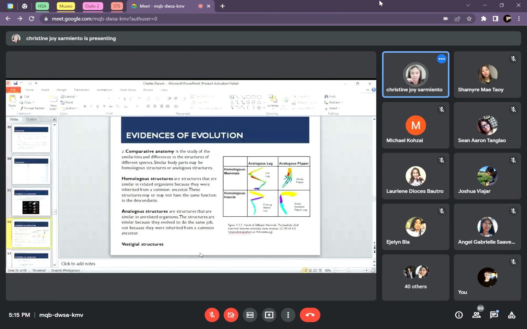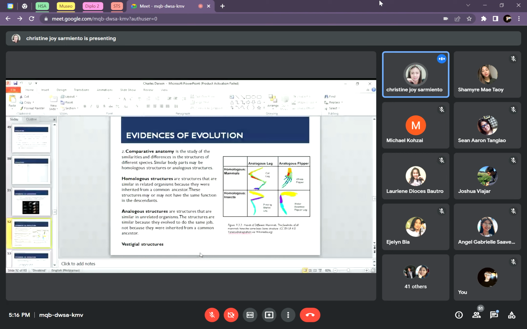Entirely different organism, different species, but since those body parts do the same function, ang tendency po they evolve over time na maging parehas.